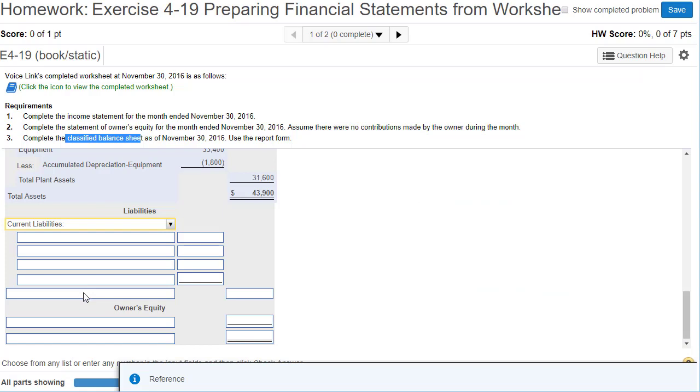Now, why is it important to break up these two? Well, which one is more important to know, the company's current liabilities or long-term liabilities? The current liabilities are more important because they're due first. If they can't pay their current liabilities, then there's no way they're going to exist, probably, to get around to paying their long-term liabilities. So that's why current liabilities are listed first.